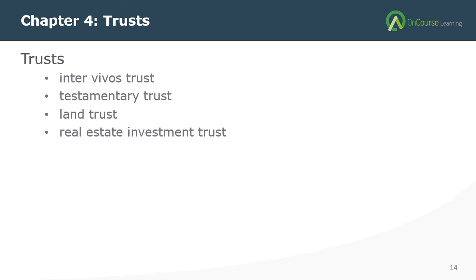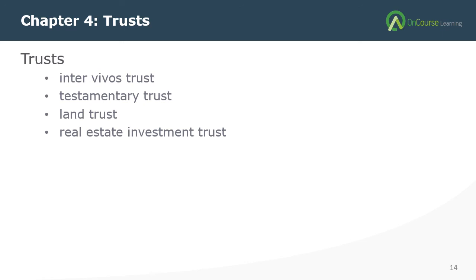The different types of trusts include the inter vivos trust, which is a trust that takes effect during the life of the creator. The testamentary trust is a trust that takes effect after the death of its creator.